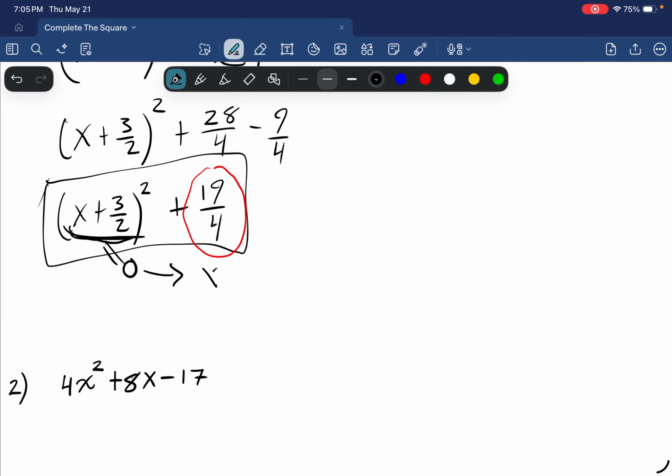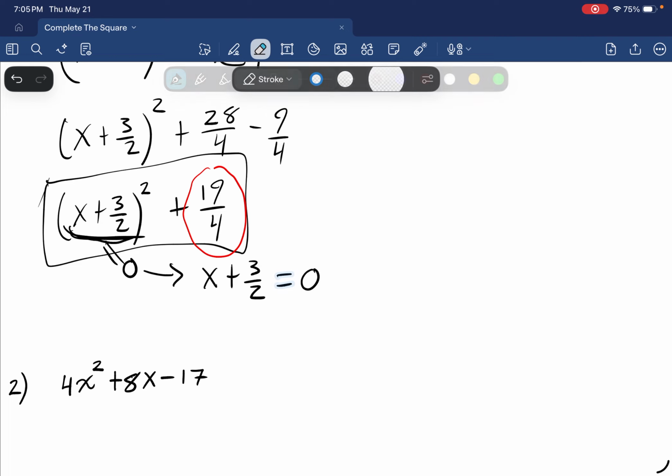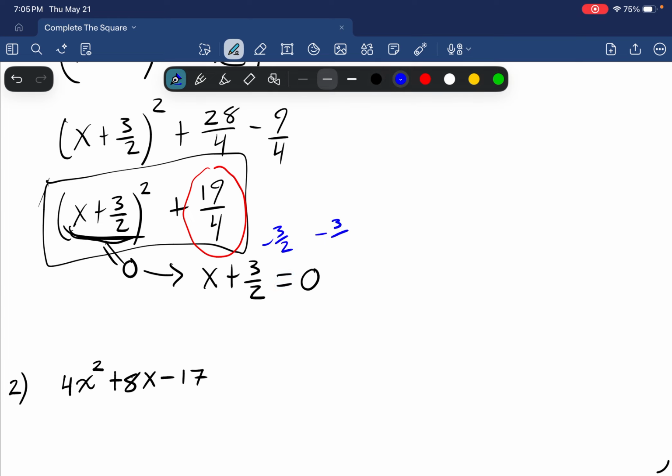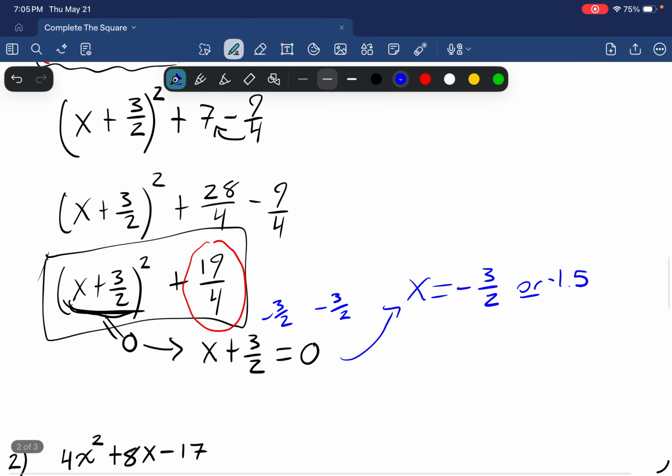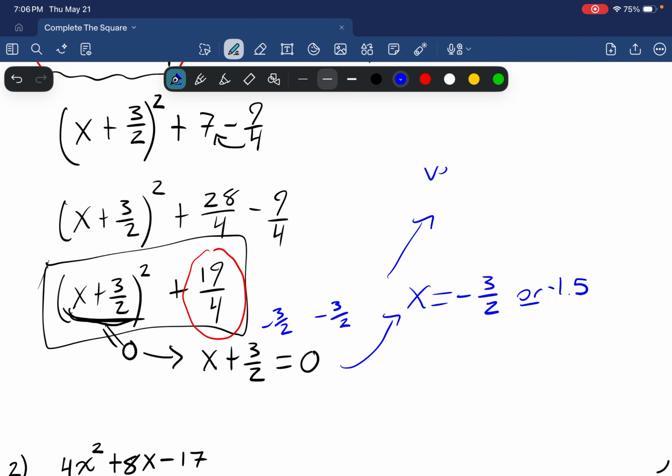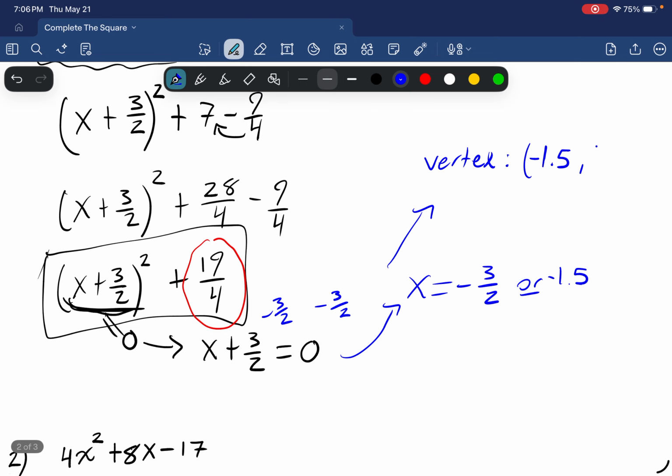So if we have x plus 3 over 2 equals 0, I can subtract 3 over 2 on both sides, and we end up with x equaling negative 3 over 2, or negative 1.5. So our vertex would be negative 1.5, and 19 over 4 is just 4.75.